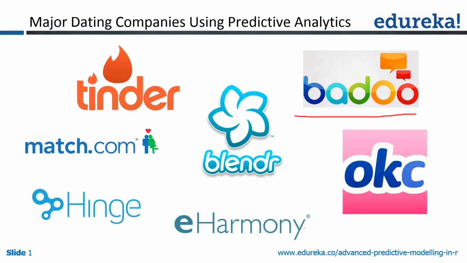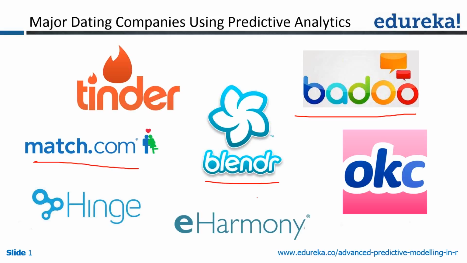And we have something called match.com. This is also a US-based company, launched in 25-plus countries. Then you have Blender. Blender is a geosocial GPS app. It works on GPS basically.